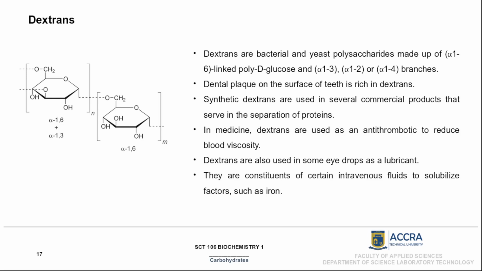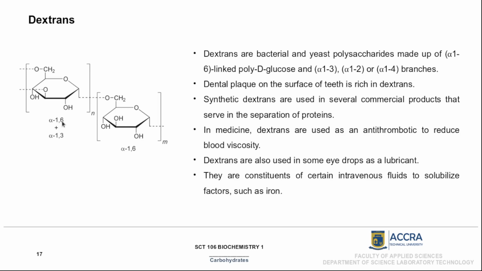And apart from the alpha 1,4 bonds, which are the glycosidic bonds we saw earlier in disaccharides, in starch, and in glycogen, you also have the alpha 1,3, and you have the alpha 1,6 as well as the branch point that we saw earlier in amylopectin. So in dextran, you have the alpha 1,3, even alpha 1,2, alpha 1,4. I will urge you to draw this.